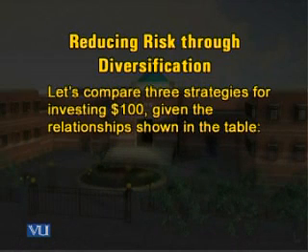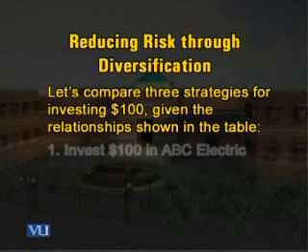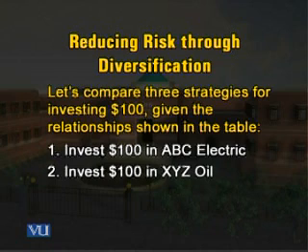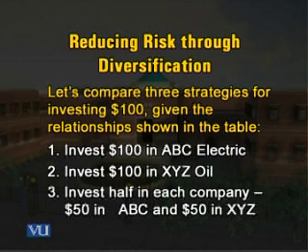Okay, let's compare three strategies for investing $100 given the relationship shown in the previous table. Strategy number 1, invest 100 in ABC Electronics. Strategy number 2, invest 100 in XYZ Oil, and number 3 is a combination of the two. Invest half in each company, 50 in ABC and 50 in XYZ.